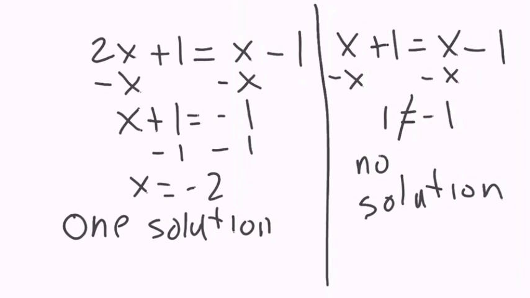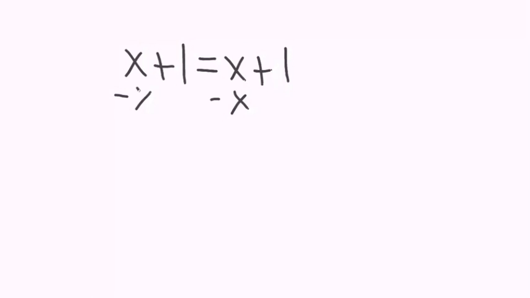Okay? And there's one more possibility. We can have one solution, no solution, and finally, when we finish this last one, many of you might be able to see already, is when we try to simplify this by subtracting x again, we end up with the x's eliminating on the left, left with 1. The x's eliminating on the right, left with 1.